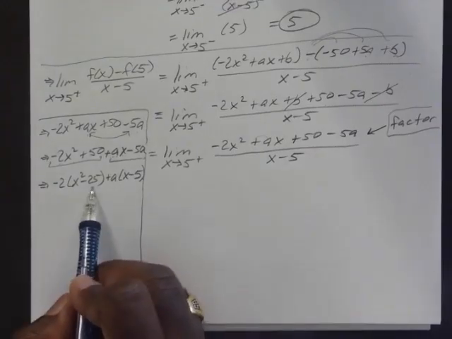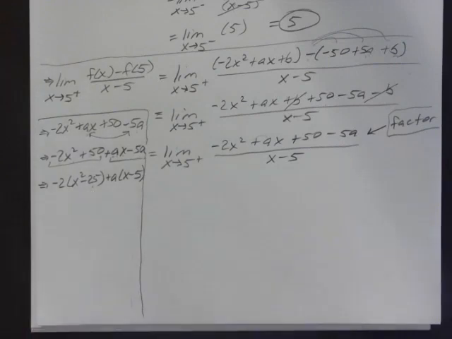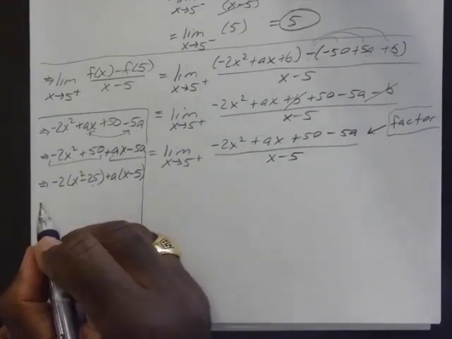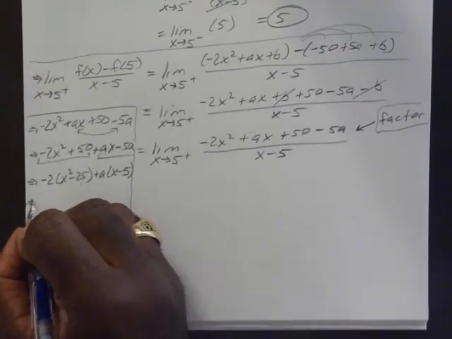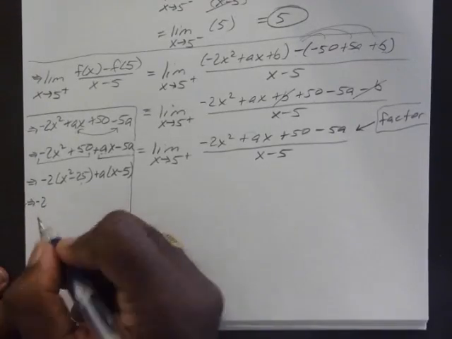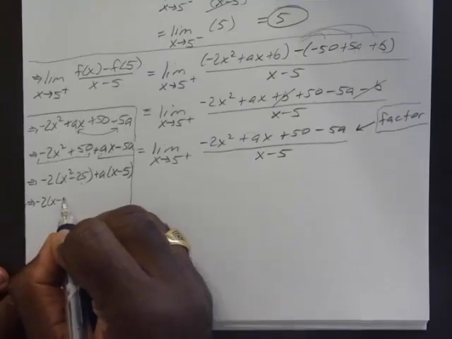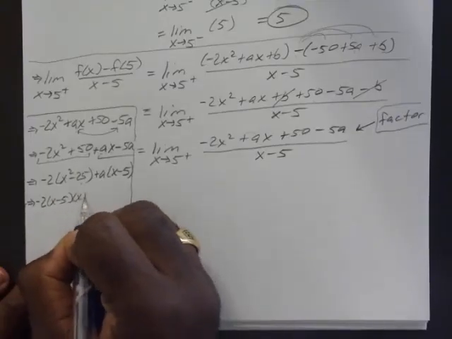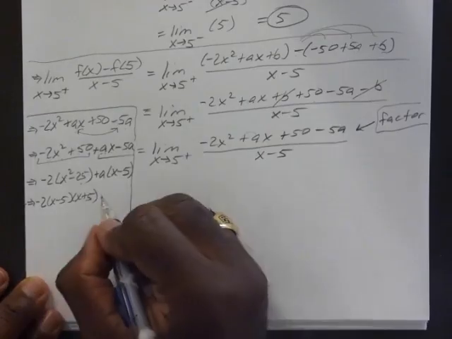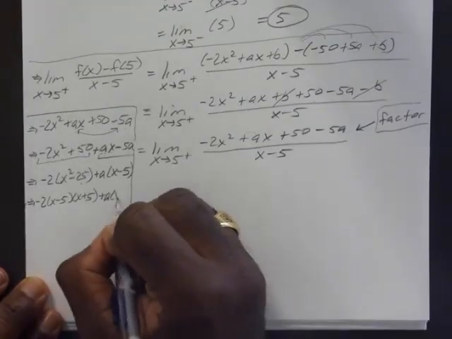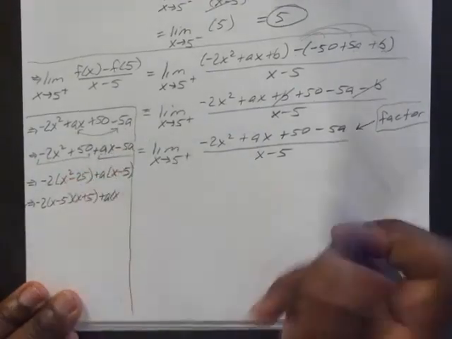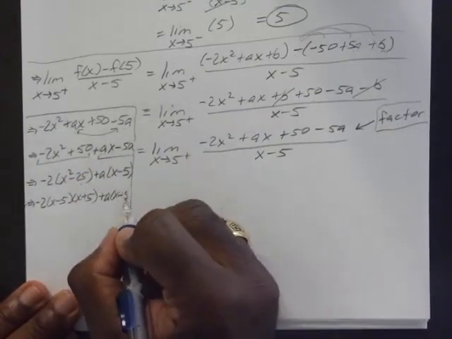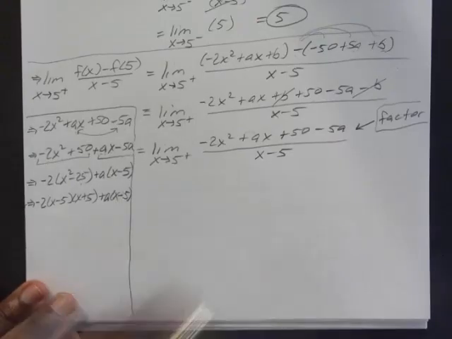Now, x squared minus 25, that's the difference of squares, so we can factor that a little bit more. So we have negative 2 times x minus 5 times x plus 5, plus a times x minus 5.